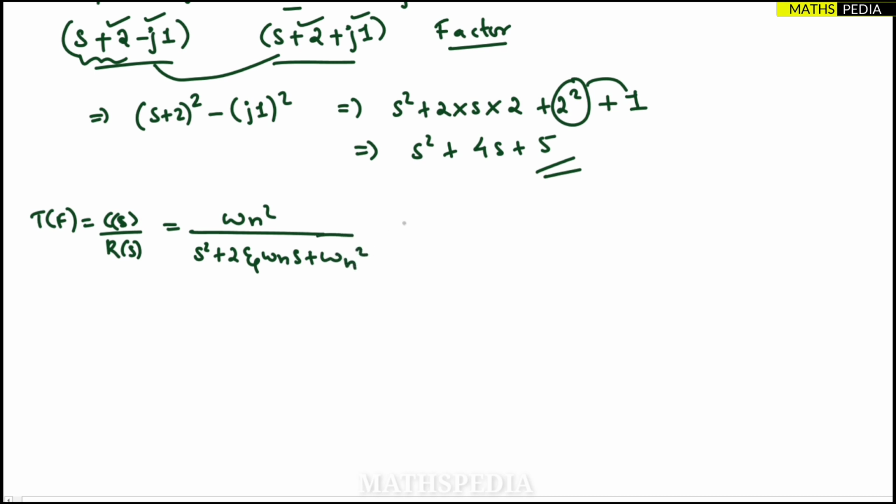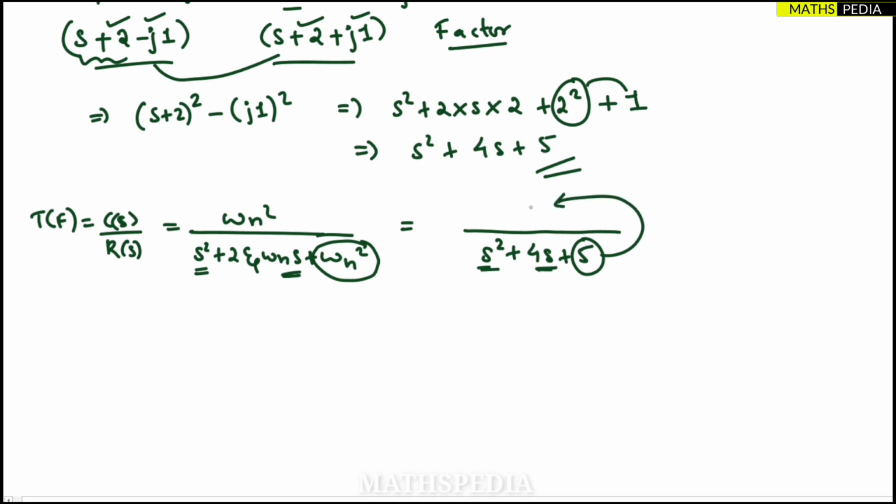You have to compare it with the denominator part, s square plus 4s plus 5. Now this part and this part are the same: s square, s term. So the numerator will be the same, so I can write directly 5.